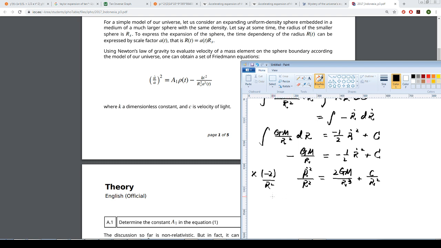Because r equals a times r_s, so we have a dot over a squared, and then our mass is 4 over 3 pi r cubed rho over r cubed.